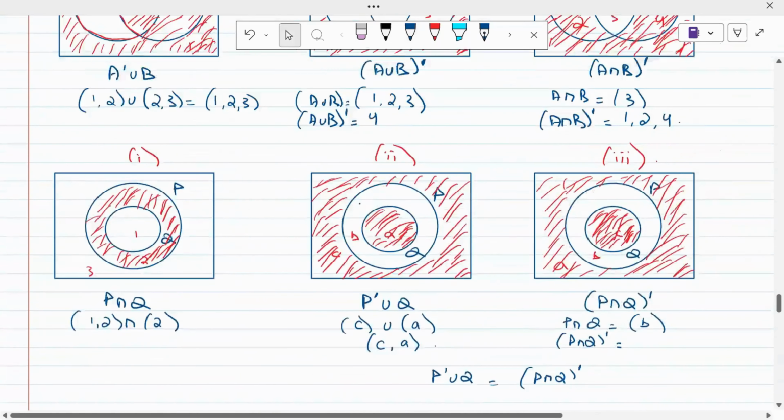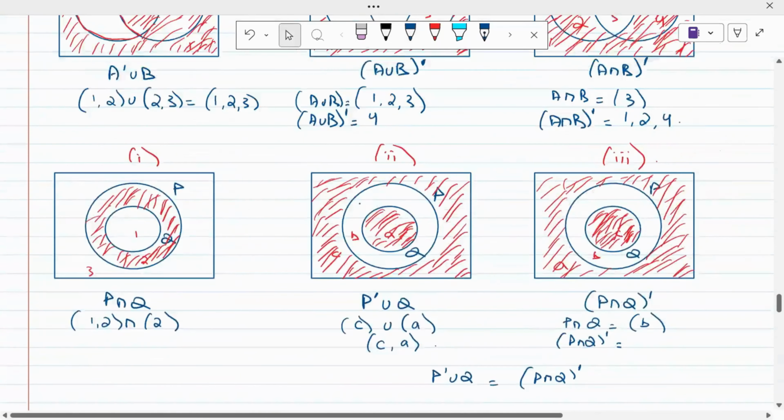Like here, consider these cases. The result of A complement intersection B. Look at the result here. As I said earlier, intersection complement, please bear this in mind. Intersection complement means that you have to remove that part.